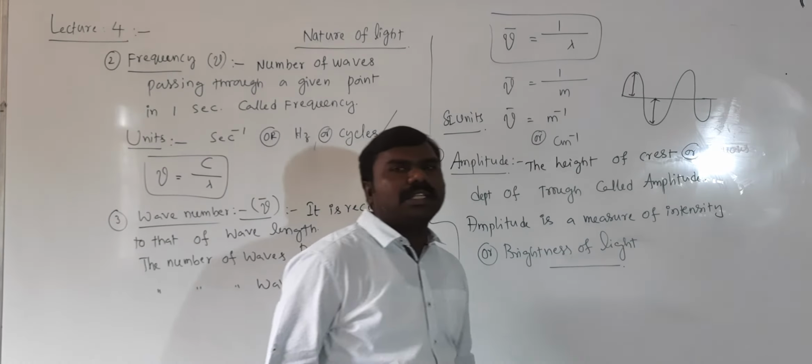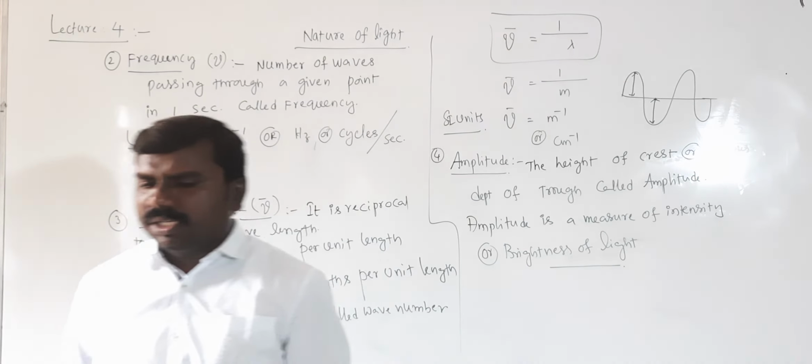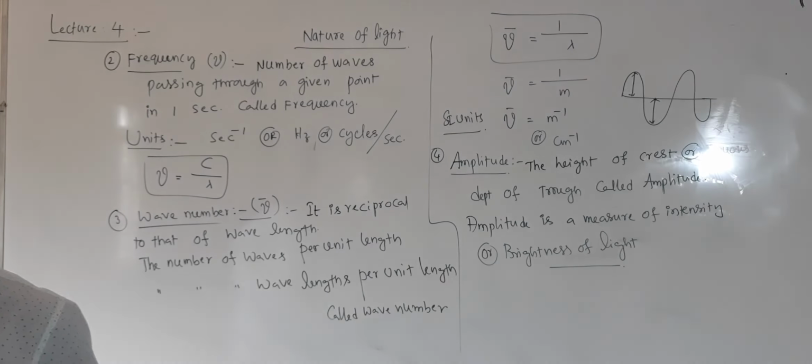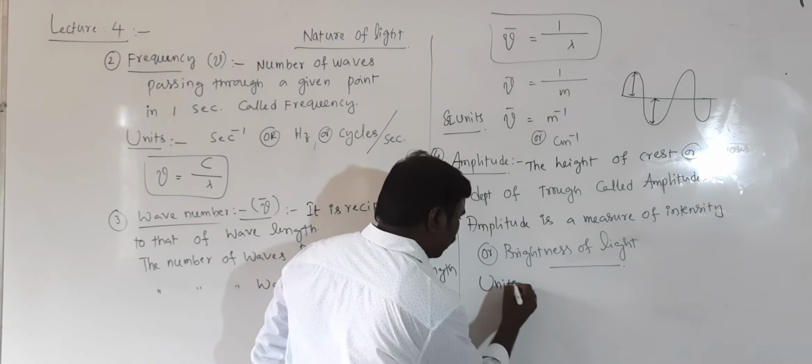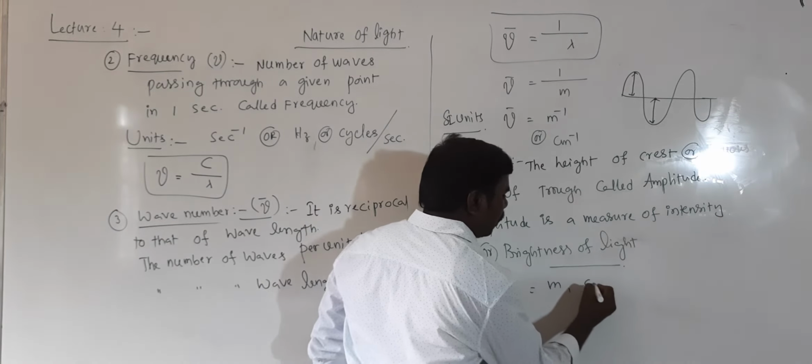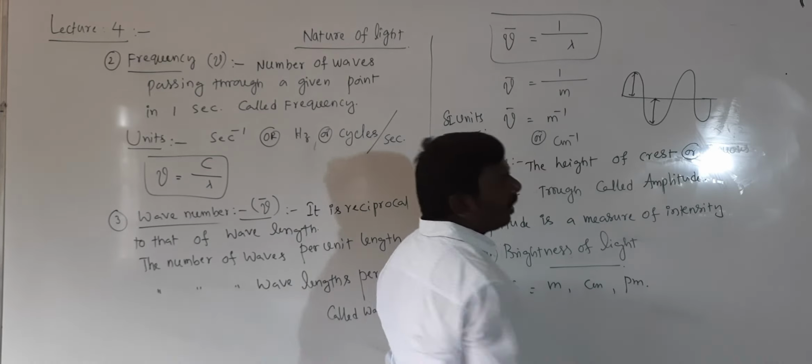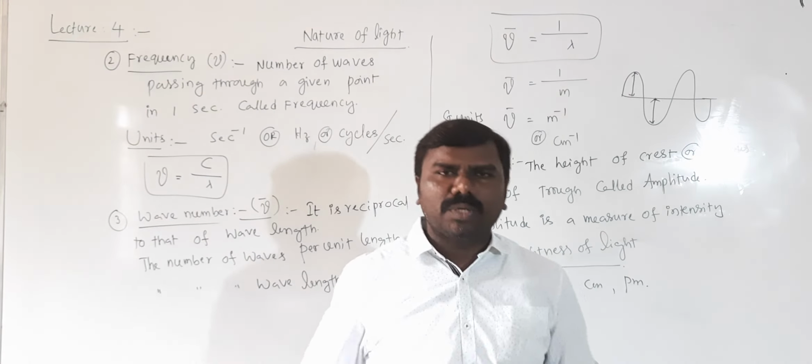Brightness of light indicates which one? That is amplitude. Units are meters, SI units are meters; centimeters, picometers you can also consider as units.